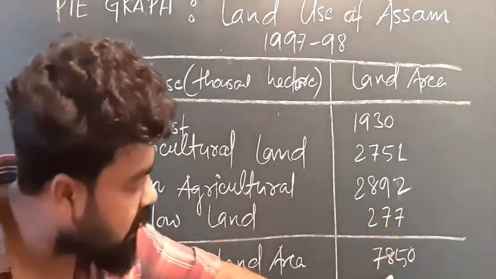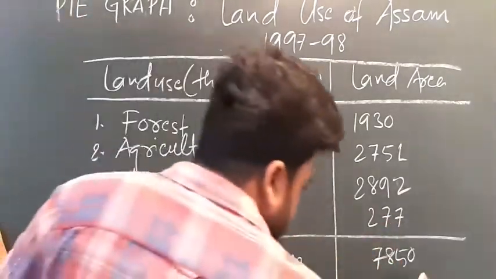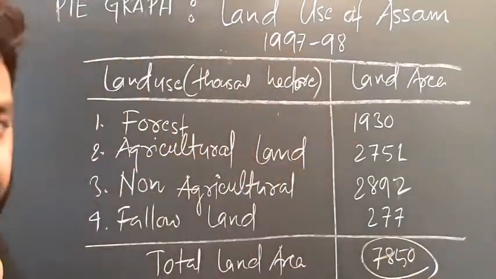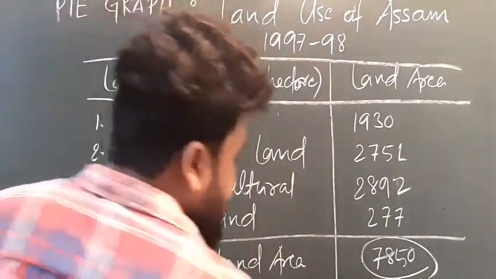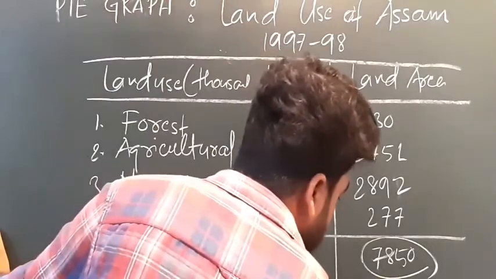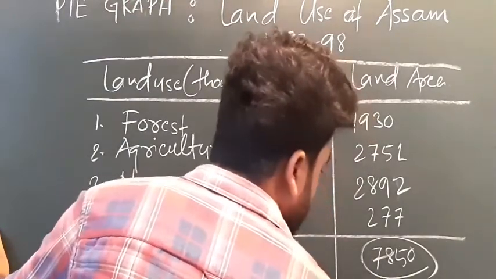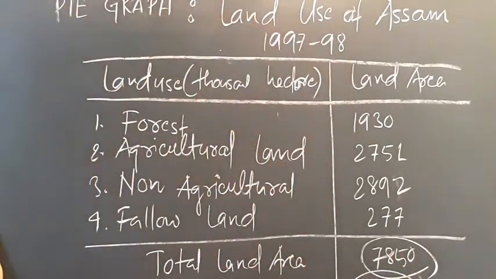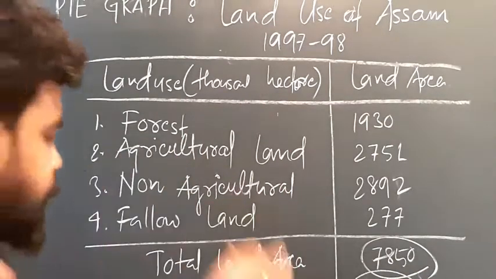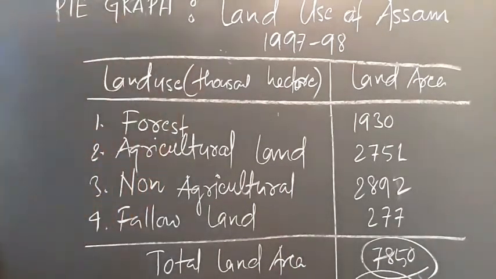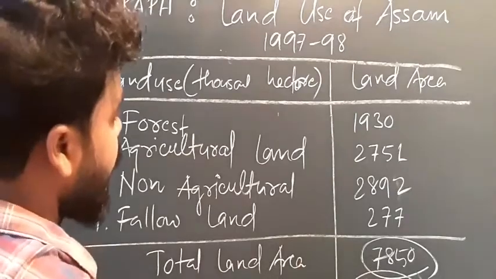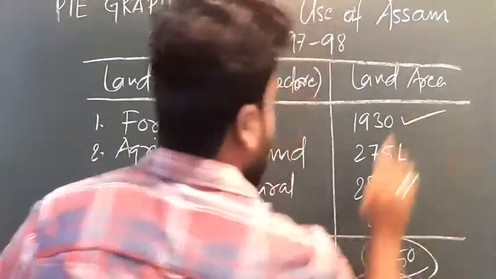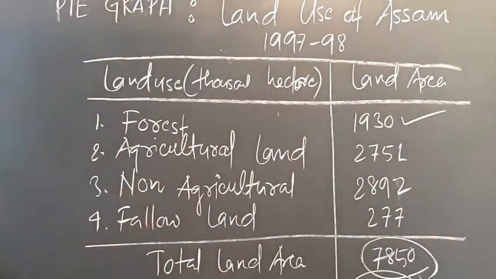So the total is 7850. In the pie diagram, this value is most important, right? This value we consider as 100%, that means the total. Then we calculate, suppose, this forest land into degrees. How will we calculate?